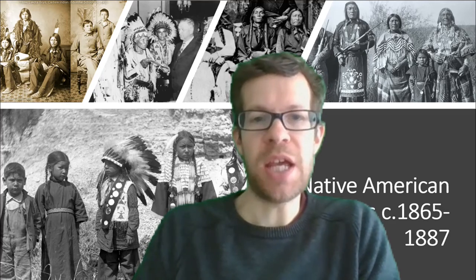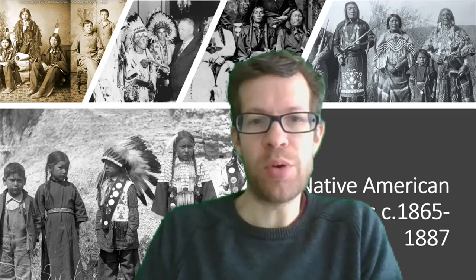Okay, so what we're now going to consider is how this government policy began to change a little bit. It began to change in the late 1870s, and 1879 is a particularly important year because of a court case involving a Native American chief called Standing Bear, and because of a changing attitude amongst many reformers that saw that the reservation system was not doing what it was supposed to do to try and civilize Native Americans.